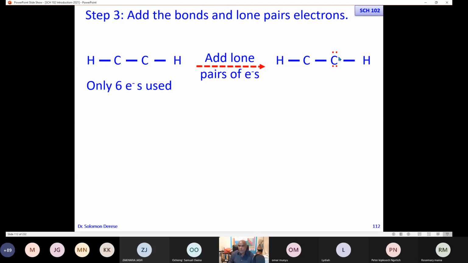So you can take this lone pair of electrons and put them on one of the carbons. When you do that, at least one of the carbons will have 1, 2, 3, 4, 5, 6, 7, 8 electrons, an octet of electrons. However, this one does not have an octet, and all the 10 electrons are used.